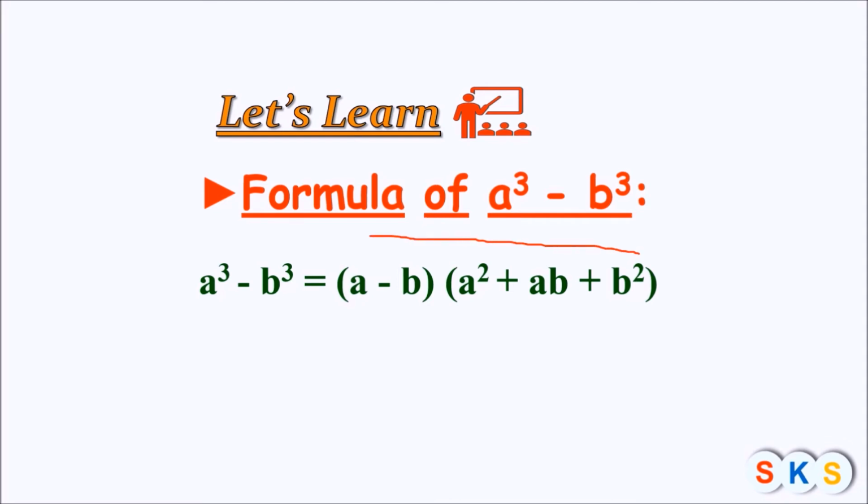A cube minus b cube equals to a minus b into a square plus ab plus b square. Because in the next exercise we are going to solve, we are going to find out factorization of binomial which are in the form of a cube minus b cube.